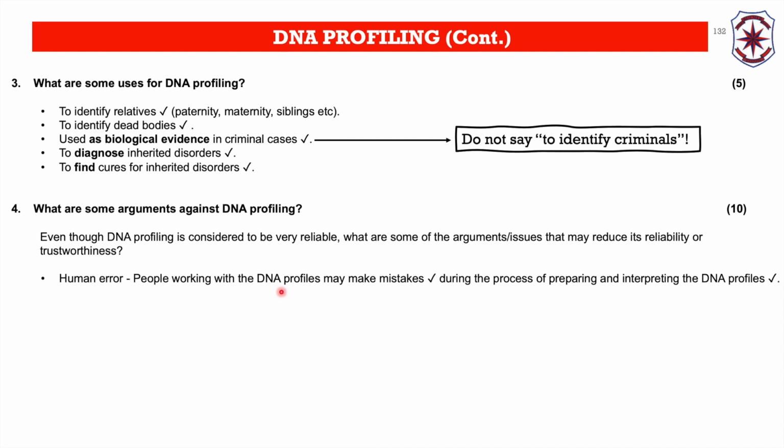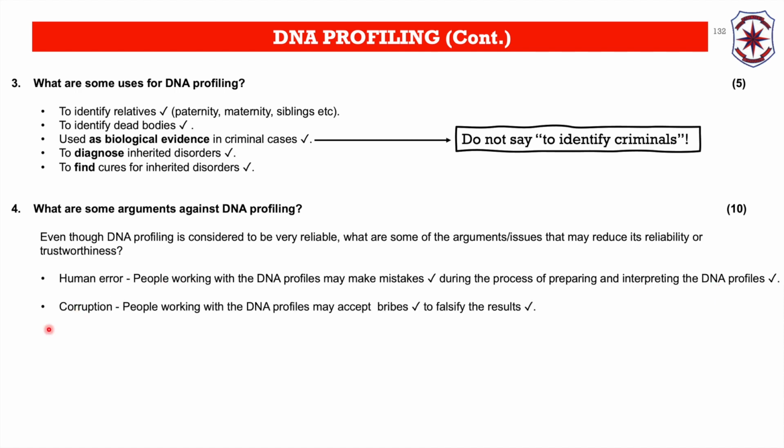So people working with DNA profiles may make mistakes during the process of preparing and interpreting the DNA profiles. Okay, so human error is our first factor that may reduce the reliability of DNA profiling.